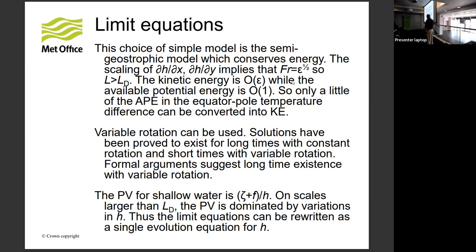So that then gives a chance to mathematicians. Constant rotation includes long time difficult weak solutions. Probably need variable rotation in the atmosphere, and prove rigorously short time variable rotation, and the formal argument suggests long time variable rotation.